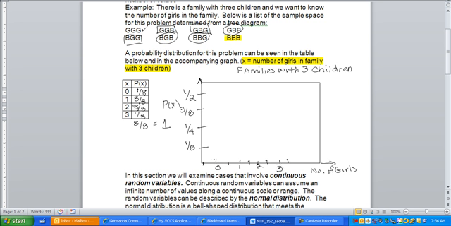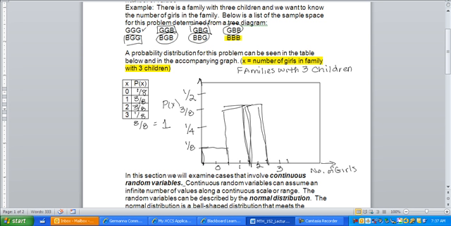Okay, so what we have is 1/8 for 0. That's our first bar. 3/8 for 1. For 2, and these are very crooked.